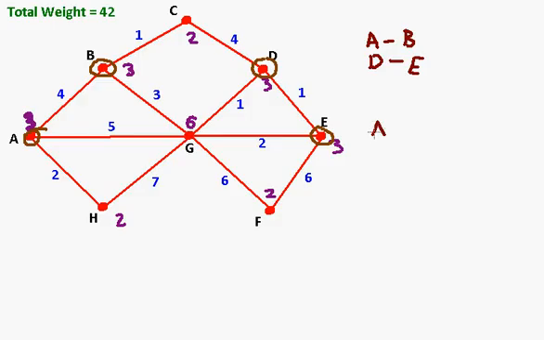I could have A with D and B with E, or I could have A with E and B with D. So the whole point in doing this is I'm going to find the shortest distance between each pair of odd vertices, so that if I then added those edges into my graph it would become Eulerian, and I would minimize the Eulerian cycle, which is the whole point of the Chinese Postman algorithm.